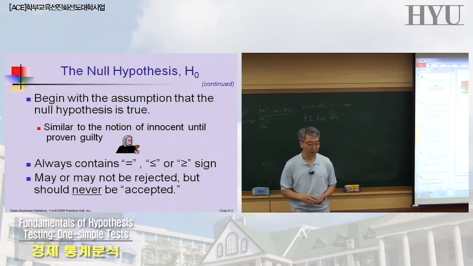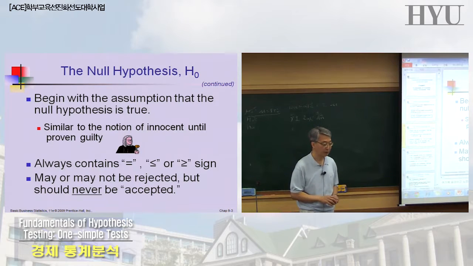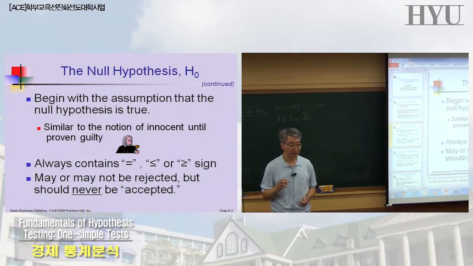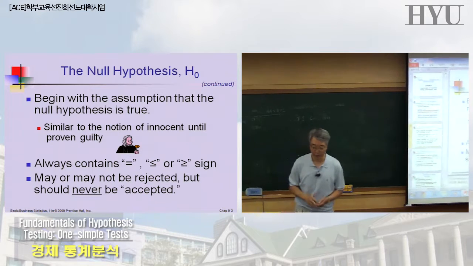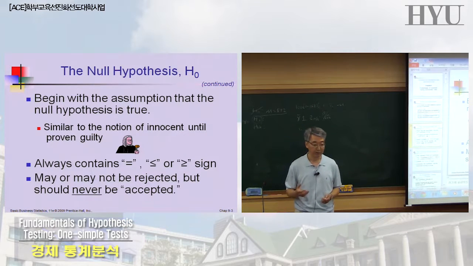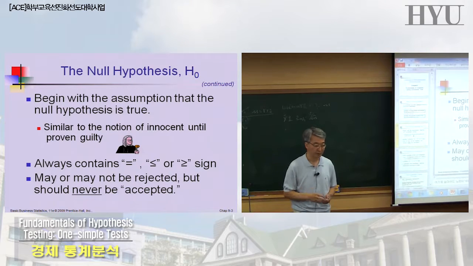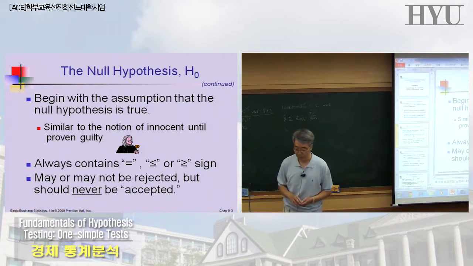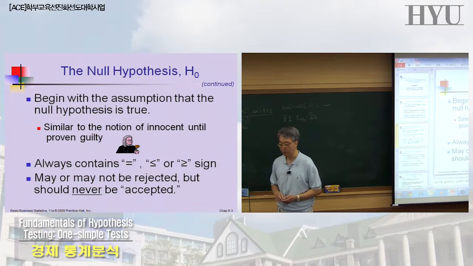So it's the role of the prosecutor to find sufficient evidence to convince the jury. If the jury is convinced that there is sufficient evidence, they will find the person guilty, right? But until you find sufficient evidence, the suspect should be presumed innocent, okay?